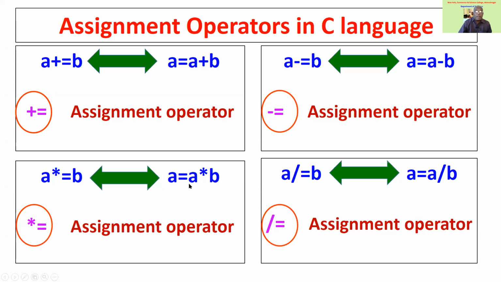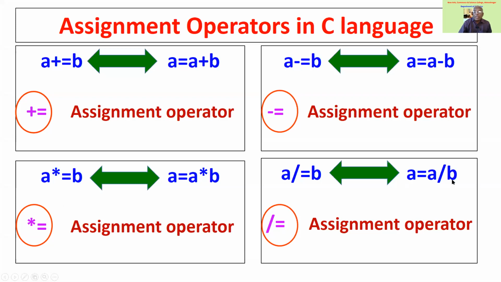See here, A equal to A star B. The value of A is multiplied by B and the result is stored in A itself. This statement is equivalently replaced by A star equal to B, and this introduces a new operator, star equal to, which is called an assignment operator.